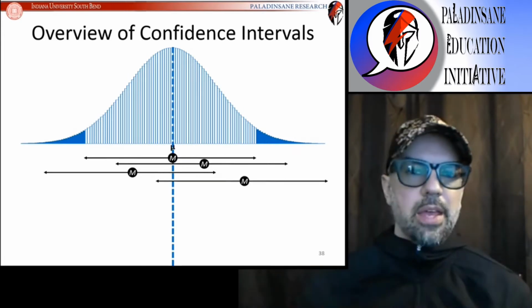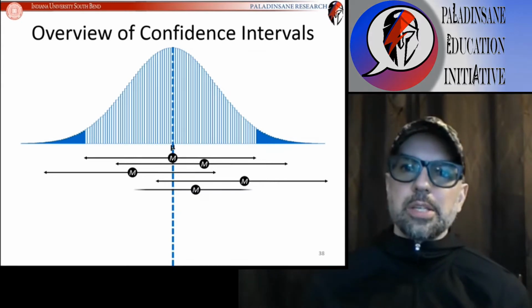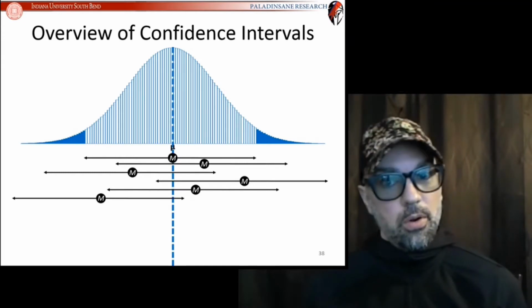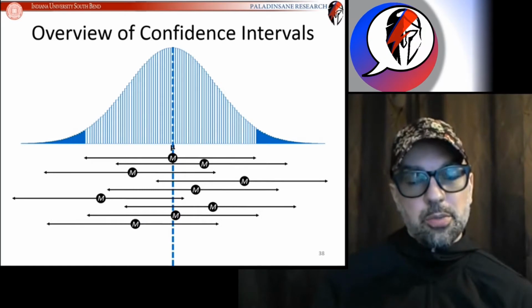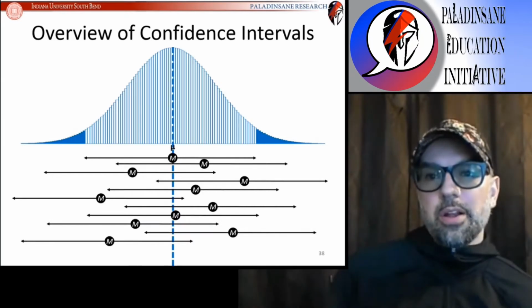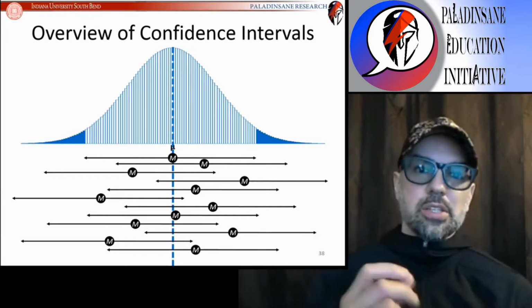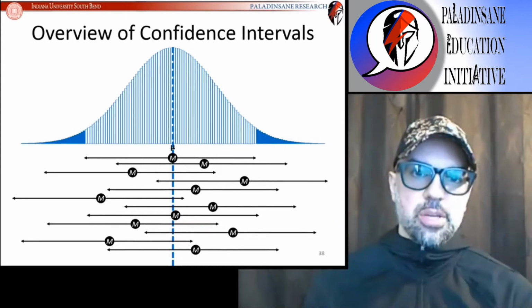And the same thing if our sample mean came from this part of the distribution, or this part, or over here, or from this part of the distribution. So notice that so far, none of those intervals have missed the population mean.